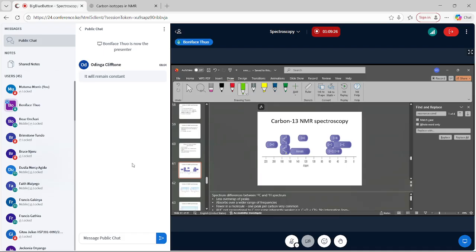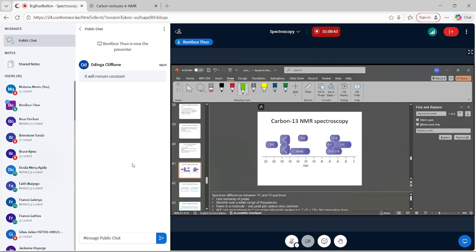So for example, this nitrogen can donate its electrons to the carbon and thus lower the deshielding effect. The same with this oxygen, which has a lone pair of electrons, it can donate to the carbonyl, reducing the positive charge on the carbon.